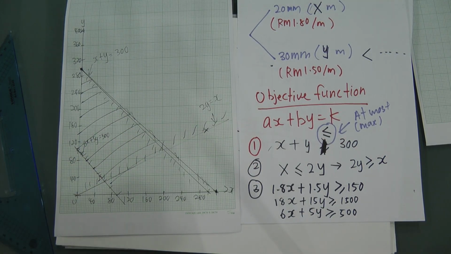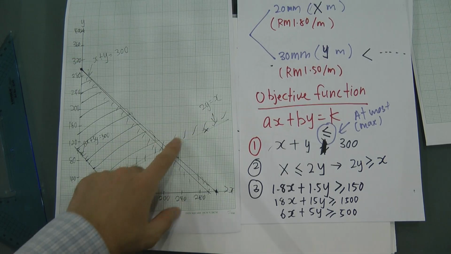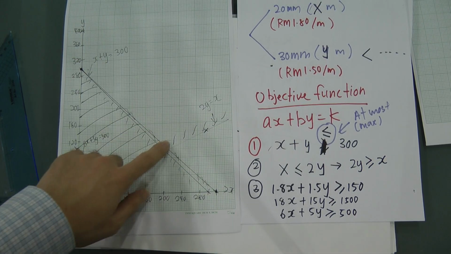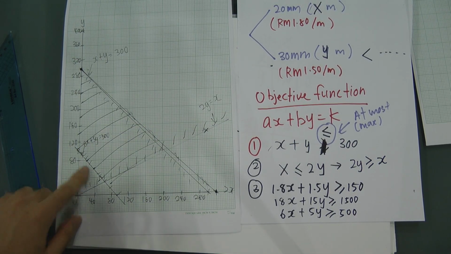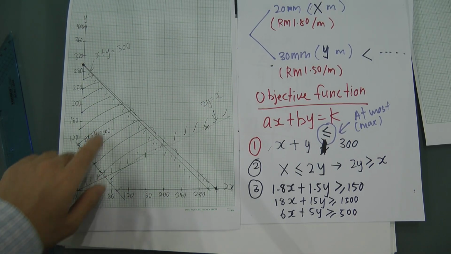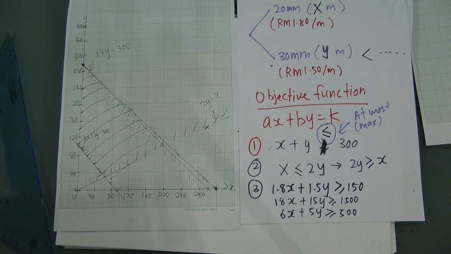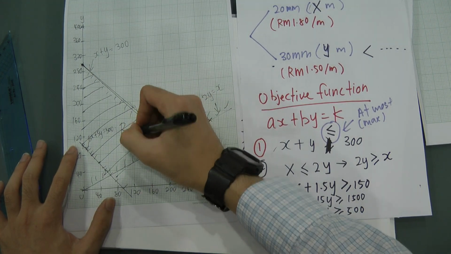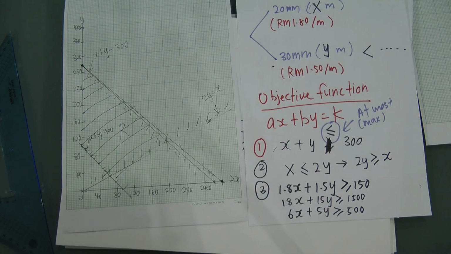In the exam you are trying to erase all these marks, because here I just make you to understand. So this is the area already. After you got this is the area, the shared region, you put an R here because it says you have to put an R there.